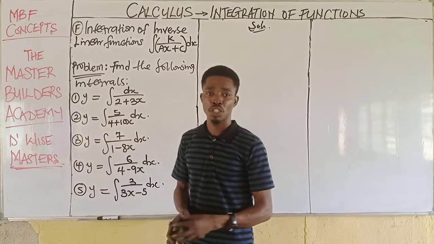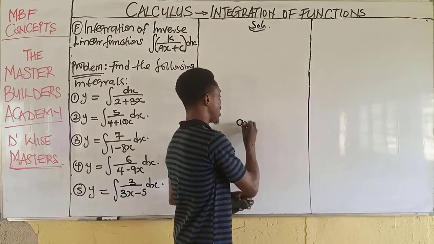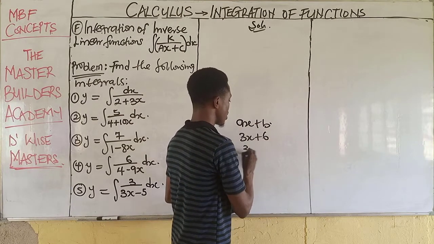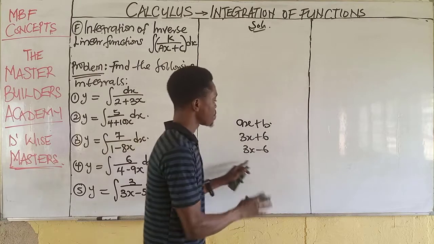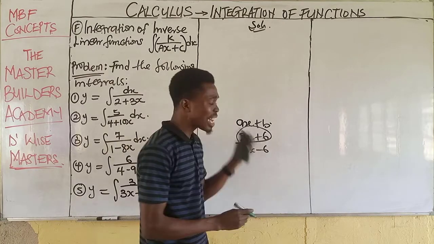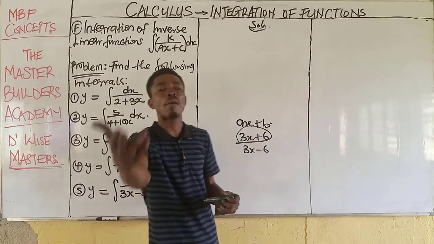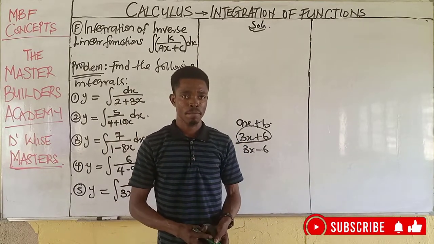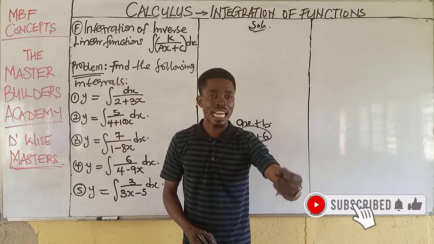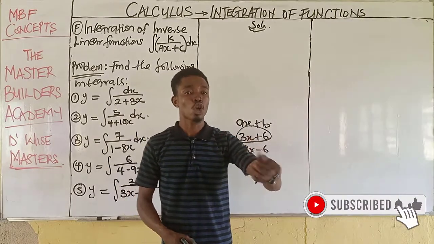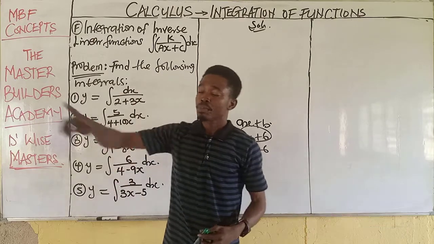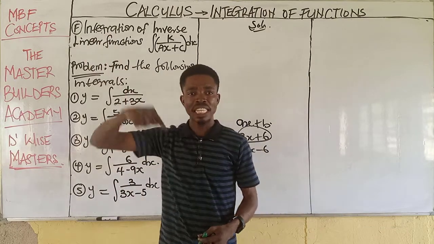Of course, you know what linear functions are. Linear functions are functions of the form ax plus b, like 3x plus 6, 3x minus 6. These are linear functions. In that case, it means that the highest power of x at the denominator is 1. So when the highest power of x at the denominator is 1 and the numerator is purely constant, then you are integrating the inverse of a linear function.